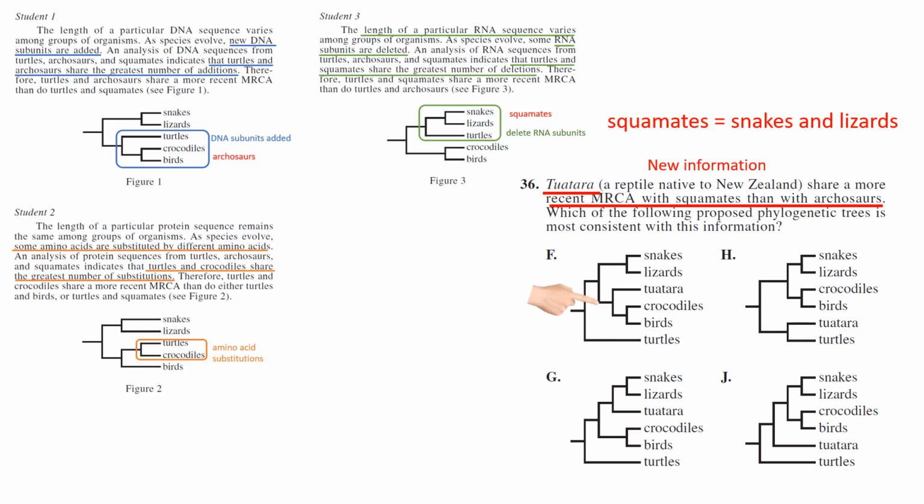So choice F, we see tuataras are most closely related to crocodiles and birds. So that one is out. And then we see choice H, tuatara most closely related to turtles. Nope. Choice G, tuatara is most closely related to snakes and lizards. We think G is probably true, and then J, tuatara is most closely related to turtles, or is equally related to turtles as anything else. And so your answer is G.